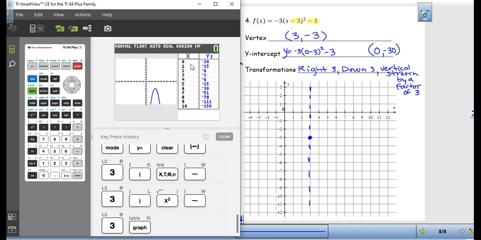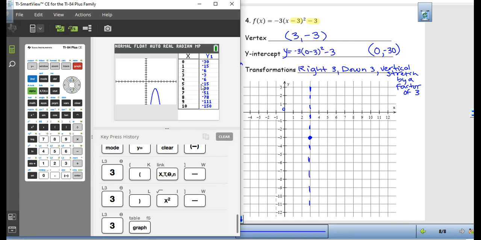And again, having this table helps verify some of my previous answers. I can see that yes, the y-intercept is at 0, -30, just like I found here. And my vertex, you can see the only one that doesn't have a pair is this one, 3, -3. So that is correct also.